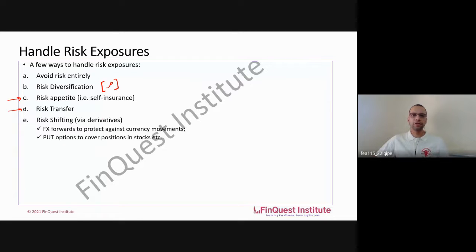And also using derivatives. So derivatives happens to be an important product which gets used whenever you're to talk of shifting of risk away from your portfolios. So maybe a couple of examples could be using FX forwards to protect against currency movements. So imagine that you are maybe a software exporter, and let's say you have a large customer in America.